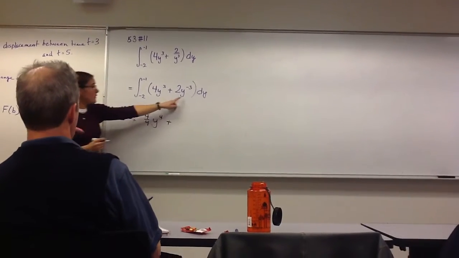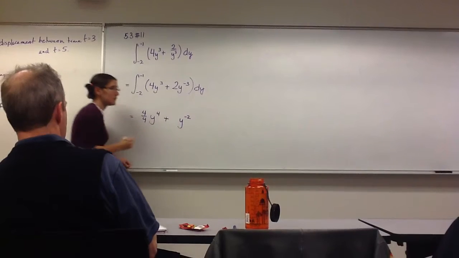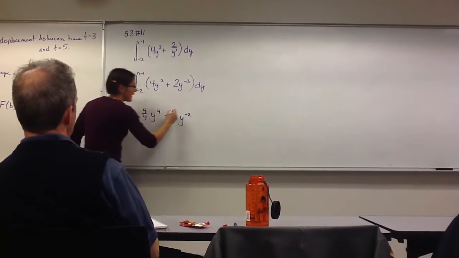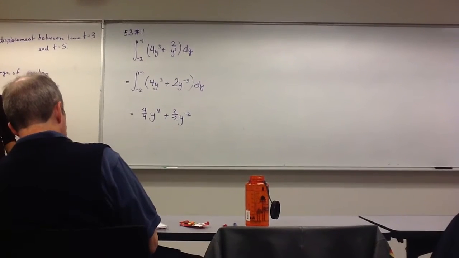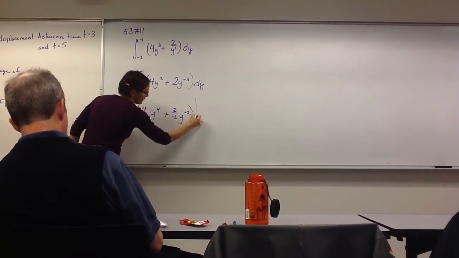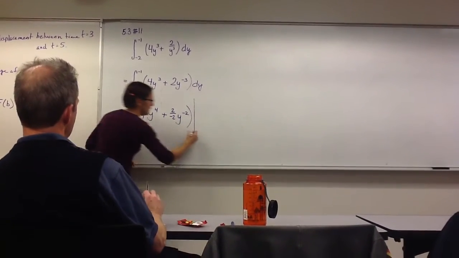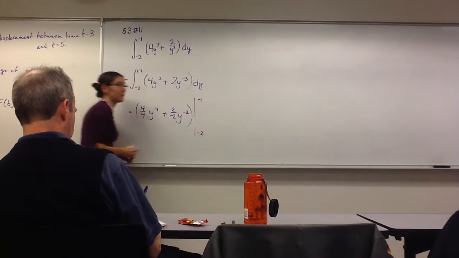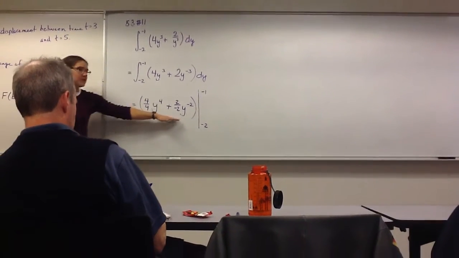And for my second term, I'm going to add 1 to -3, I get -2, and I'm going to divide by that new power. Then I'm going to evaluate this antiderivative between -2 and -1. Are there any questions on finding either of these antiderivatives?